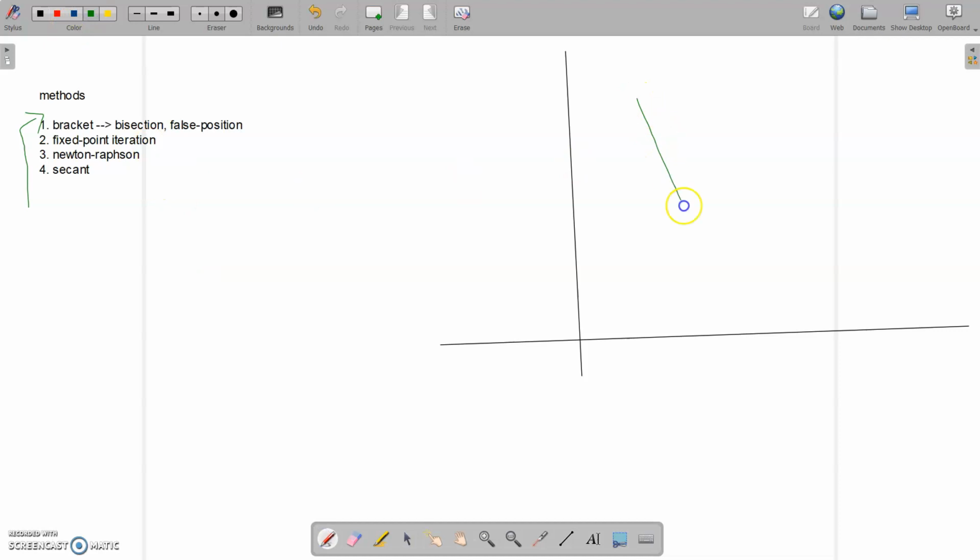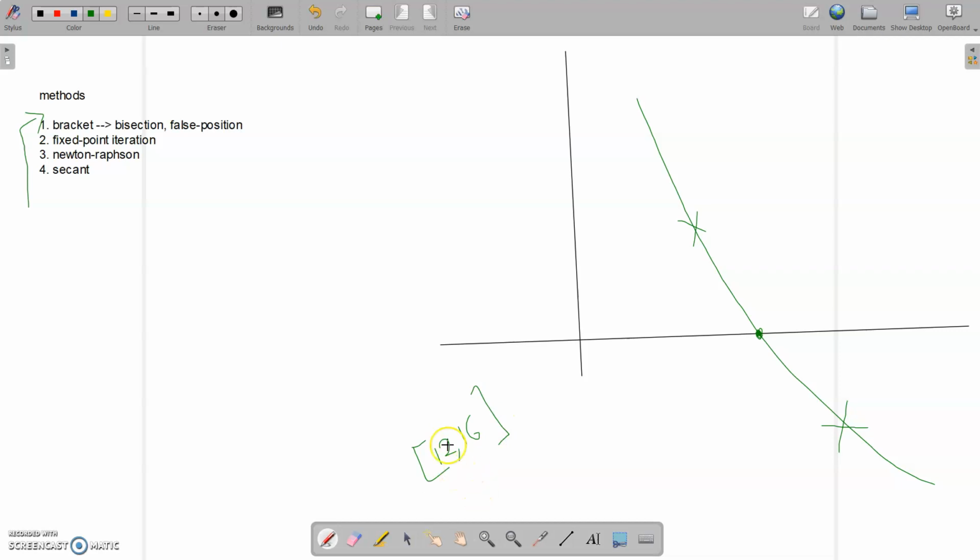first we have a curve like this. In the curve, the x-axis point, this is my root, the root of this equation, the root of this curve. What we are trying to do in bracket is that we assume an envelope. Say, for example, from 12 to 16, we assume that within this range the root is available.